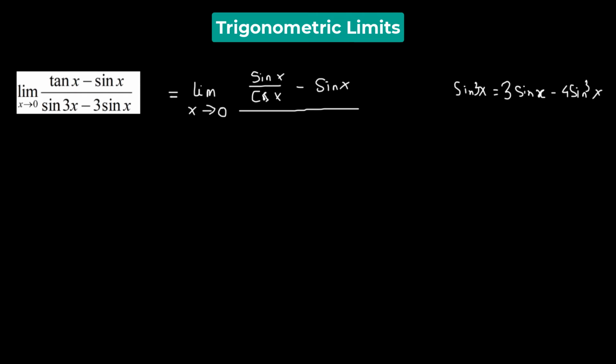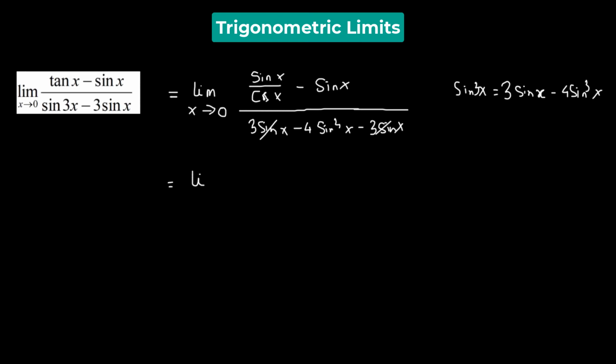So we have in the denominator 3 sine x minus 4 sine cubed x minus 3 sine x, which will help us cancel out 3 sine x and negative 3 sine x.